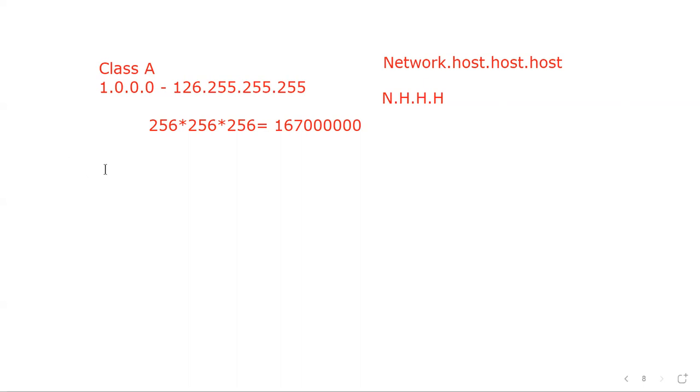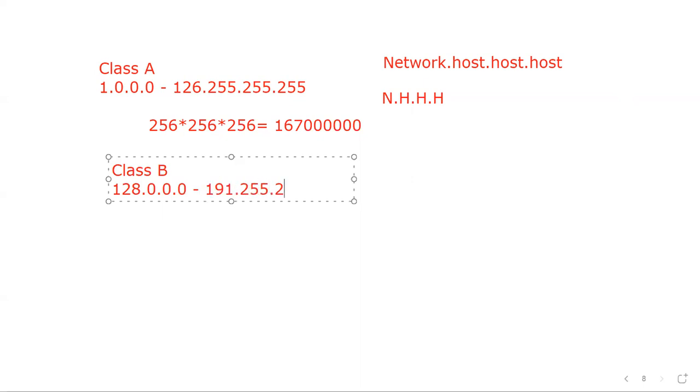In class B, two octets are fixed for host and two are fixed for network. What is our class B range, dear? I already talked about that: 128.0.0.0 to 191.255.255.255.